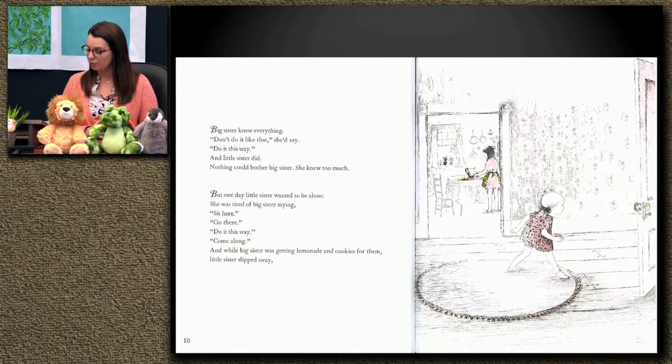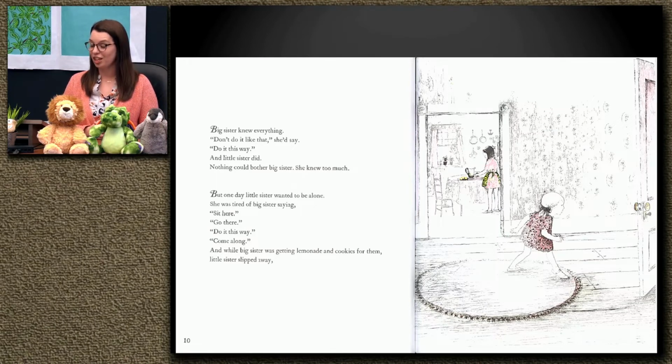Nothing could bother big sister. She knew too much. But one day, little sister wanted to be alone. She was tired of her big sister saying, "Sit here, go there, do it this way, come along." And while big sister was getting lemonade and cookies for them, little sister slipped away.